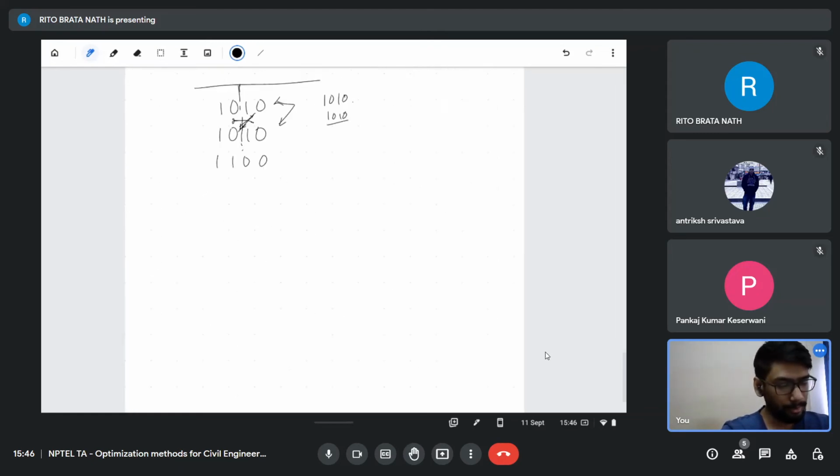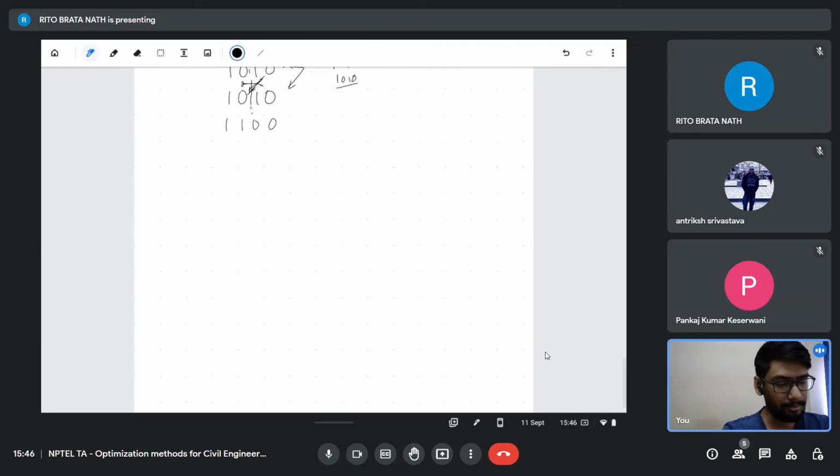Your tournament size may be given as two. Suppose you have 6 solutions in the solution space and you use 2 as your tournament size.